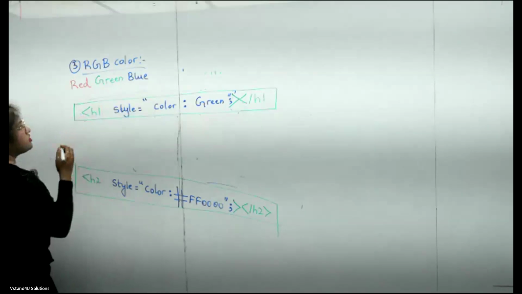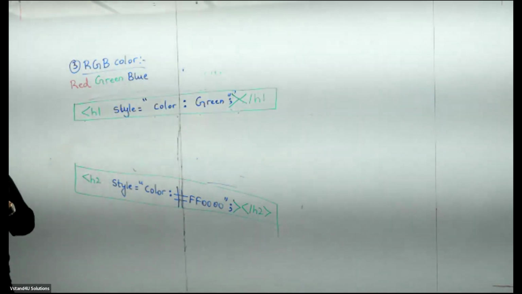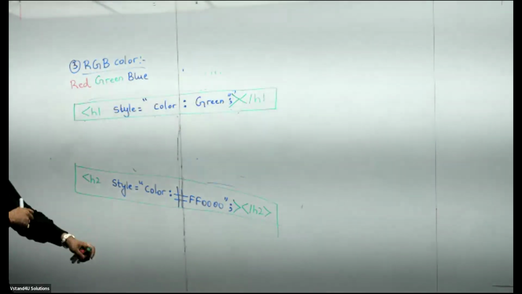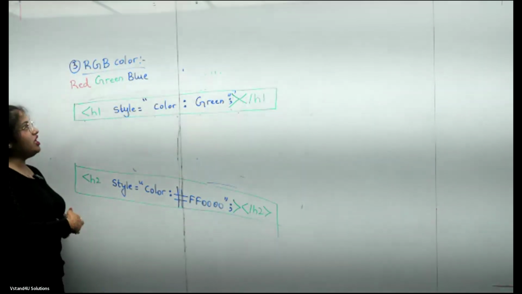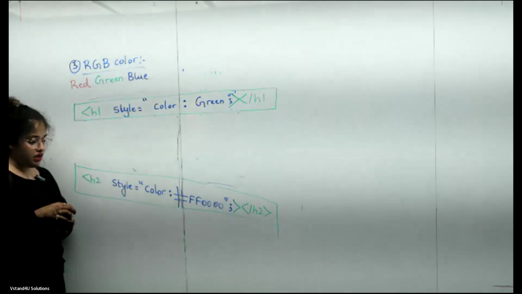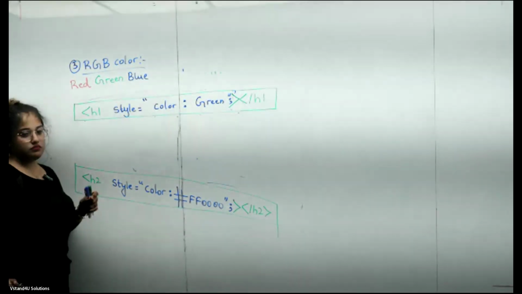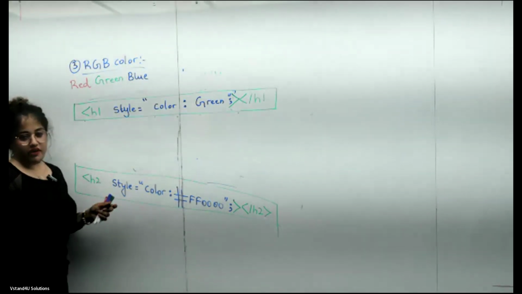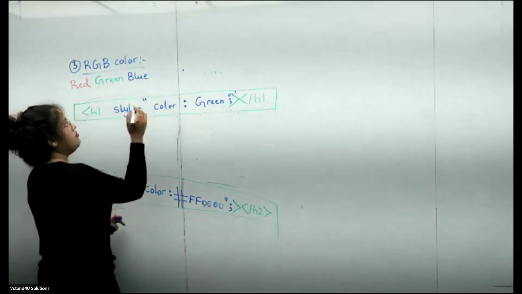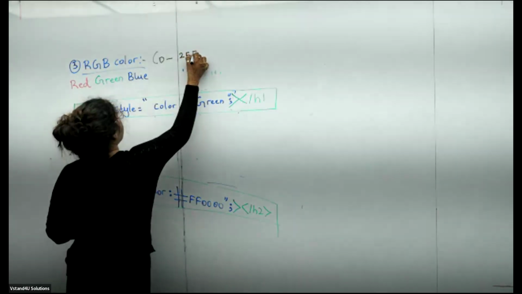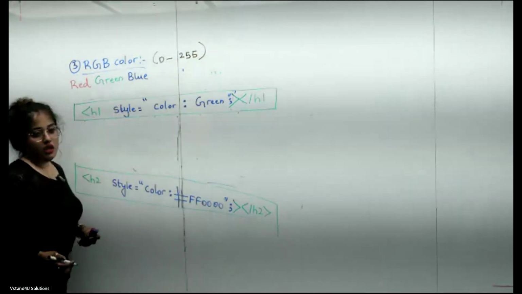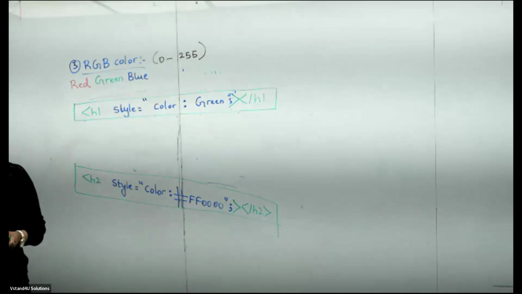This in turn is called RGB. And can you tell me this RGB color value ranges from? RGB color values range from 0 to 255. How, ma'am, 0 to 255?